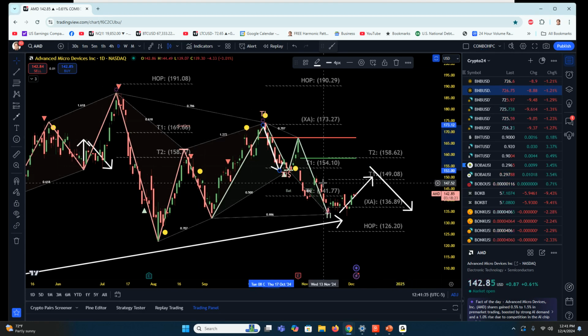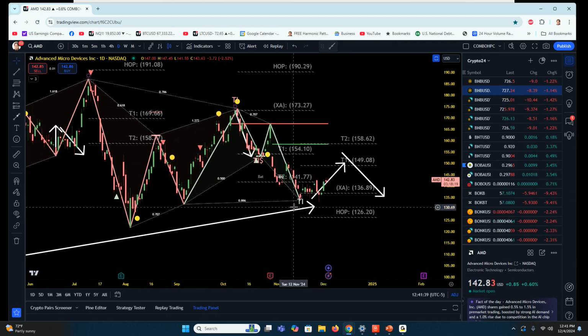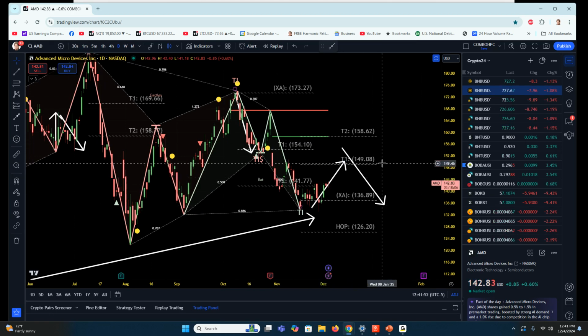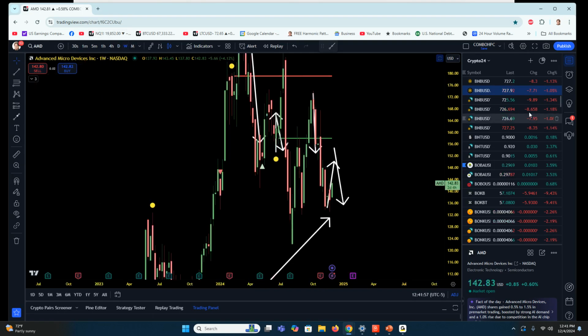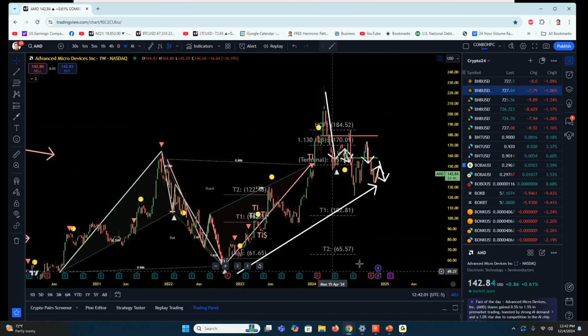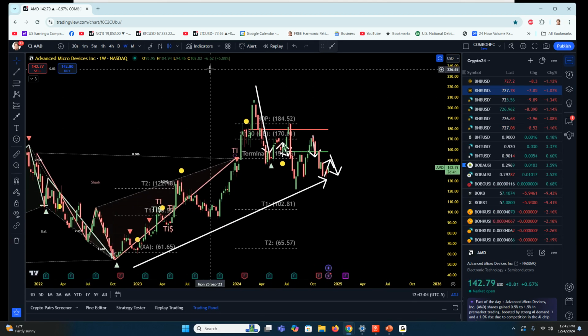AMD right now, not as crazy about it on the long side. There's no dot, but it's something that I will bring up and we can follow through in the next few weeks, see how that plays out. But I would say right now that's only a reaction to 149 and probably a retest a little bit later. One other thing that I would look at, what's the longer term? I like to do kind of a cross of daily versus weekly, or if it's intraday, I look at 60-minute versus 5-minute.